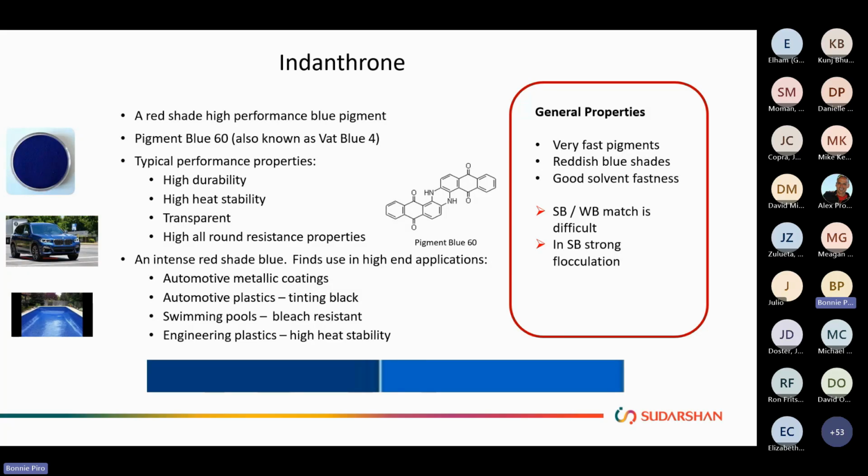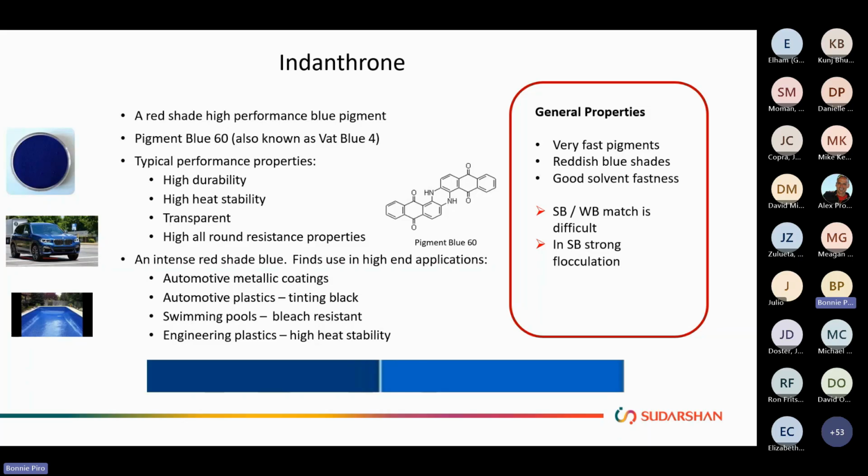It does have high durability and high heat stability, and is very transparent, so it works very well with effect pigments. All of those make it a very good all-around pigment in a lot of application areas. I mentioned a few of the unique application technical properties of it.